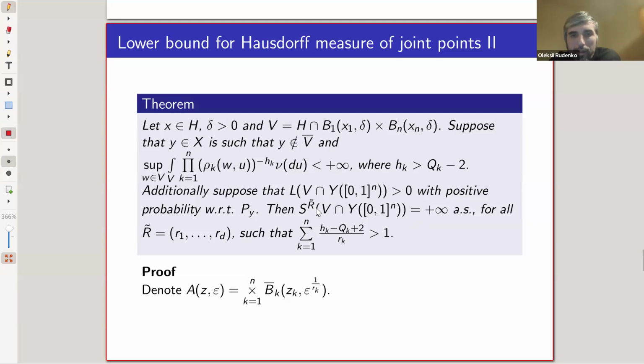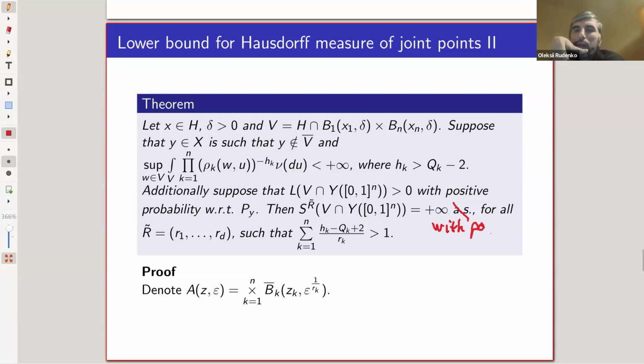I have that some specific Hausdorff measure is infinite almost surely. Well, here I probably have to write with positive probability. I'm sorry.